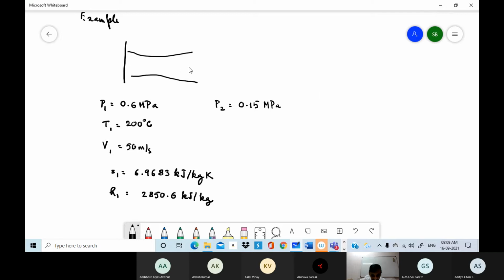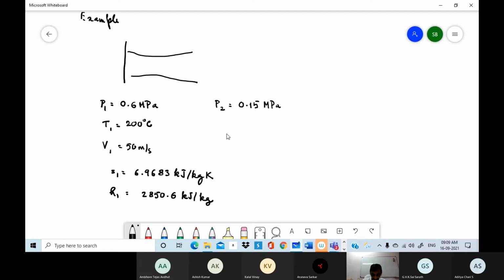Now the expansion here is adiabatic. It says it enters an insulated nozzle, so it's adiabatic. If we assume it's reversible, and we are assuming a steady state, steady flow situation, in that case S at exit must be the same as S at inlet.